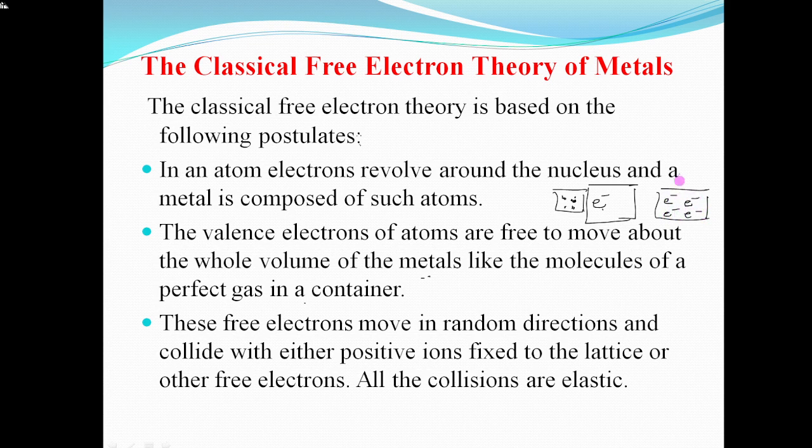Now, this metal consists of atoms. These atoms lose free electrons. When an atom loses free electrons, what do they become? Positive ions. So when the electron is moving in a metal, it may collide with other electrons, and it may collide with positive ions.